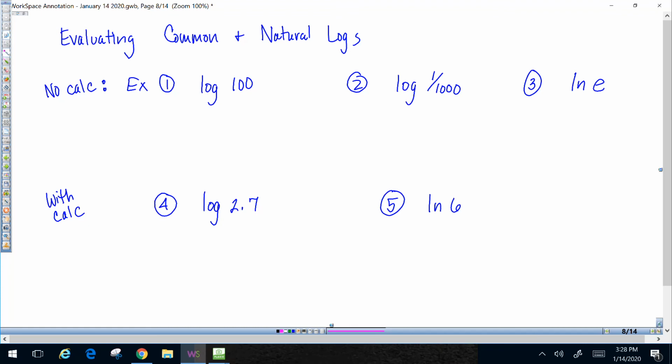Alright, after we do these for a little while, some of you guys are going to be able to look at it and just know the answer. And some of us are still going to, every time, have to say equals X, switch forms, then we know the answer. Okay, so some of you can look at this and understand if it's log with no base written, it's base 10. You're going to go up. My base is 10.